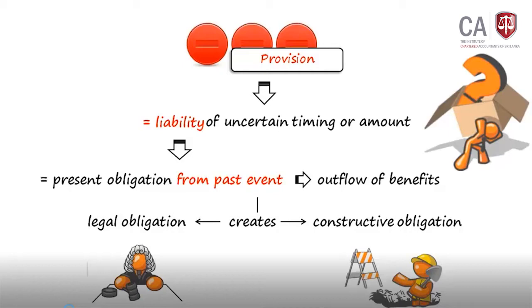Let's say you purchase a TV or refrigerator from Singer or Abans or Softlogic. So they are giving you what? A warranty period. Within, let's say, 5 years or 10 years time, if there is any fault in the product, they will pay you what? Or they will repair it for free. You only need not pay anything.